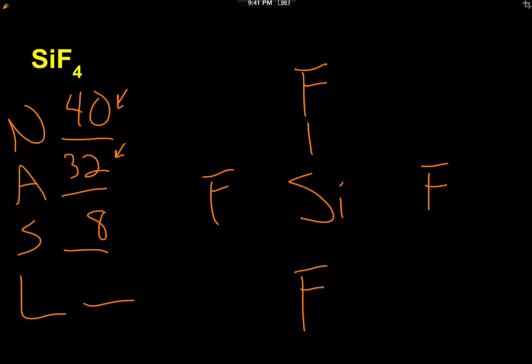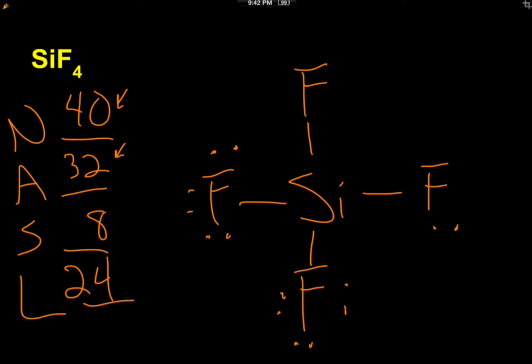So if I draw 1, 2, 3, 4 bonds, then that takes care of the 8 shared electrons, which means what I have left to make lone pairs with are 24 leftover electrons. If I distribute them evenly, that's 6 on each of the fluorines.